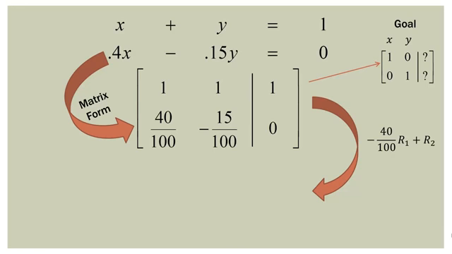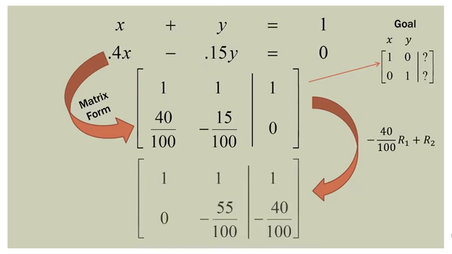So let's just do the example here, how we're going to do this. Let's look at the one in the top left. So negative 40 over 100 times 1 plus 40 over 100. What's negative 40 over 100 plus 40 over 100? Well, that's 0. Now let's do another one. I'll actually put the answer down here. Let's look at the second one in the second column up there.